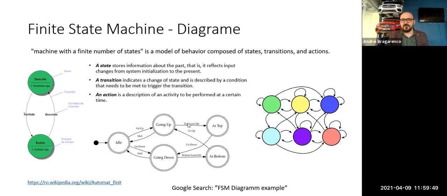When we have the top limit hit, we transfer from the state going up to at the top, and the action at the top is to stop the motor and activate the brake. We have to activate the brake in order not to slide down. So now we are at the top.